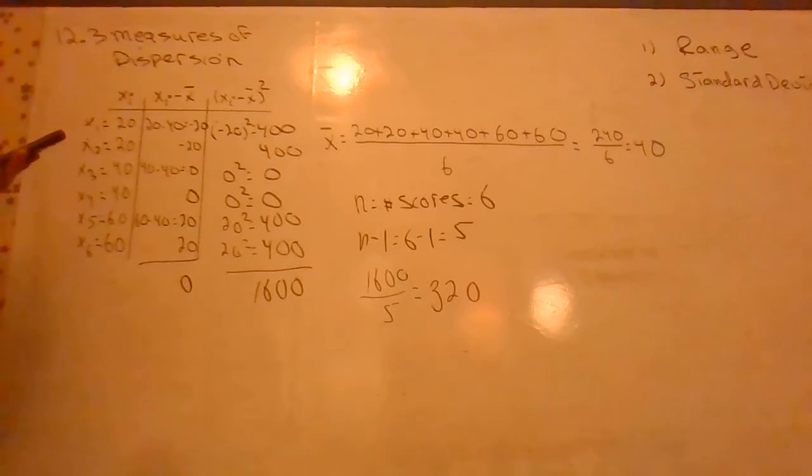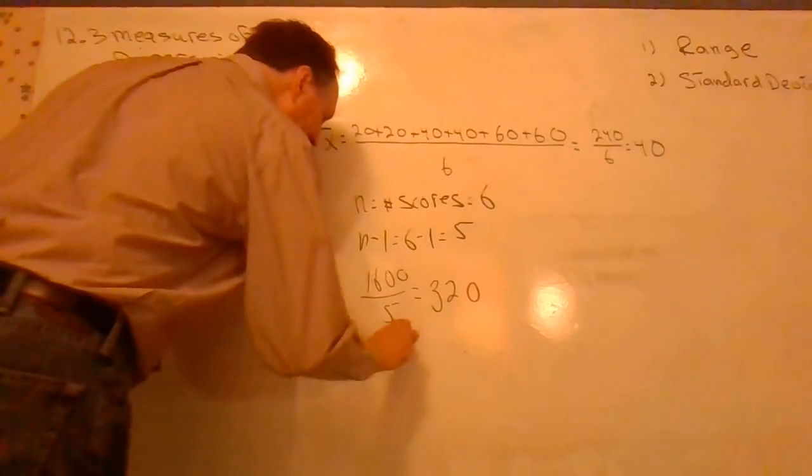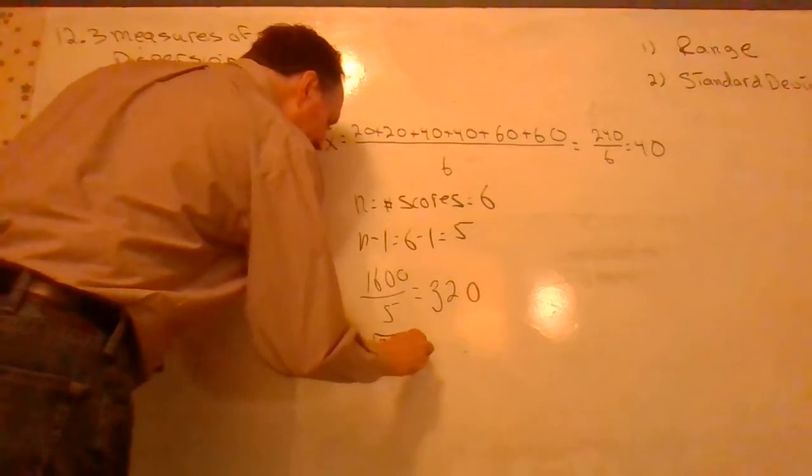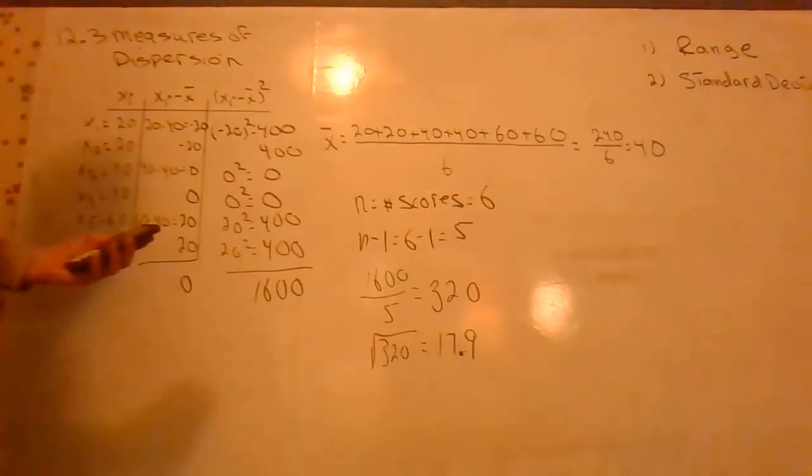And then we're going to figure out the square root of 320, which is 17.9 rounded.